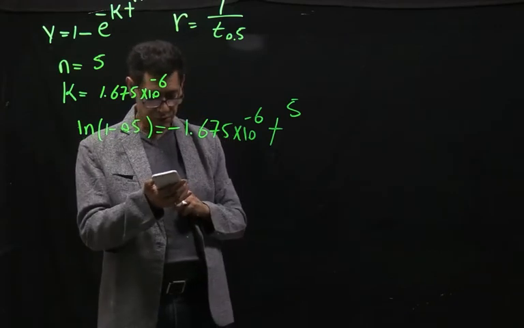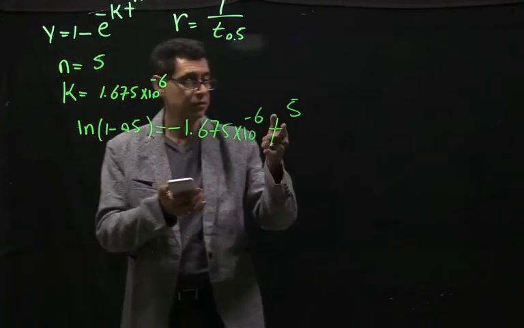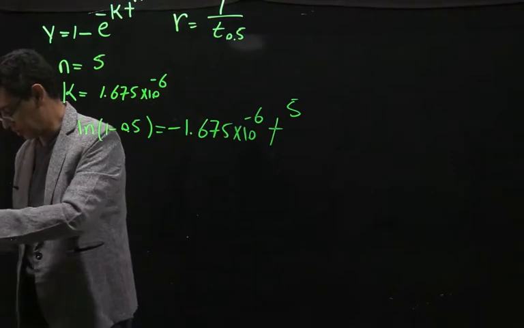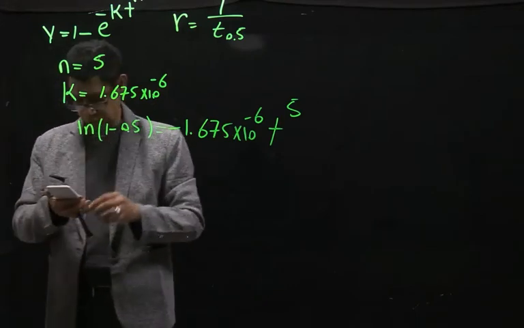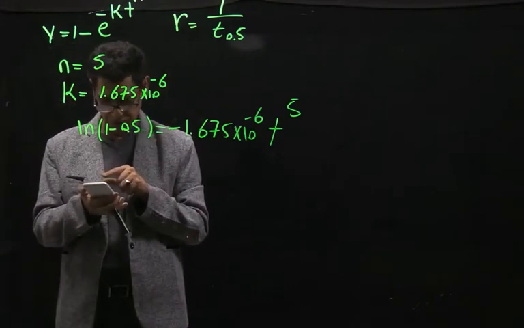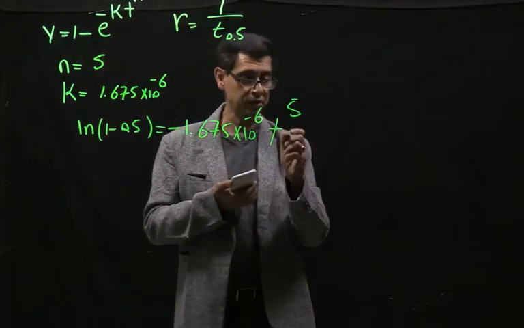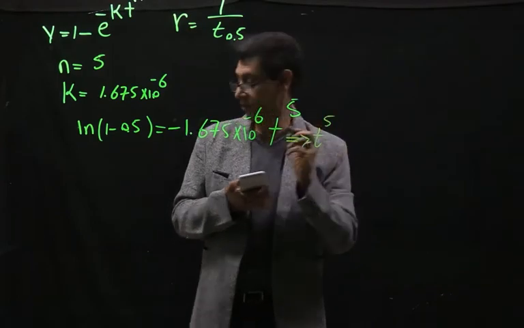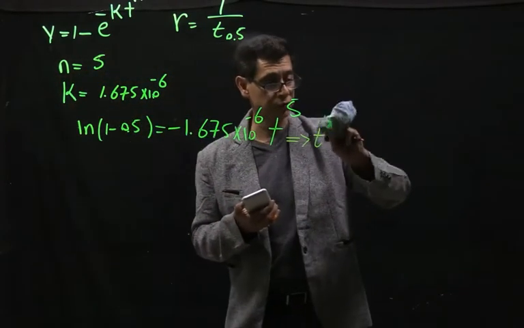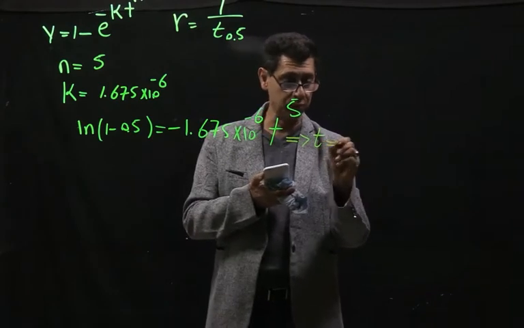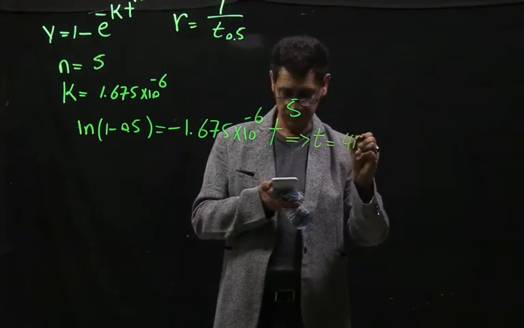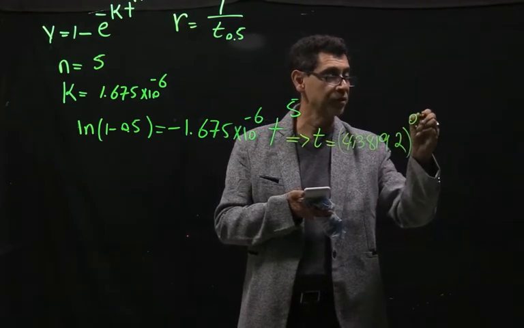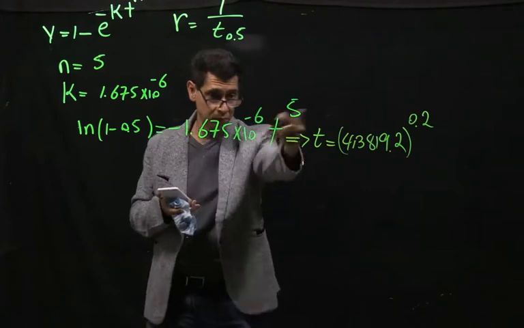And now this to the power, so you write this value here, 413. Before this value, t to the power 5, let's do one shot. t is equal to 413,819.2 to the power 0.2, right?